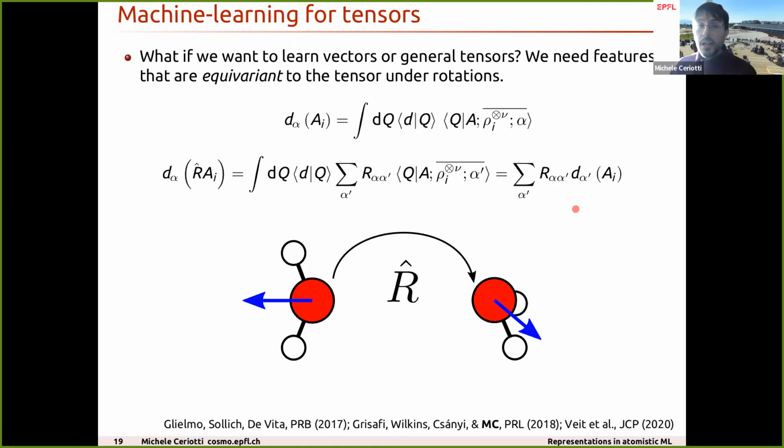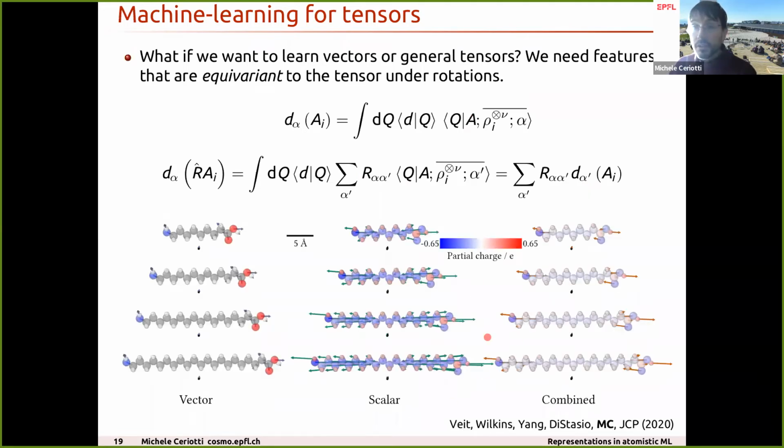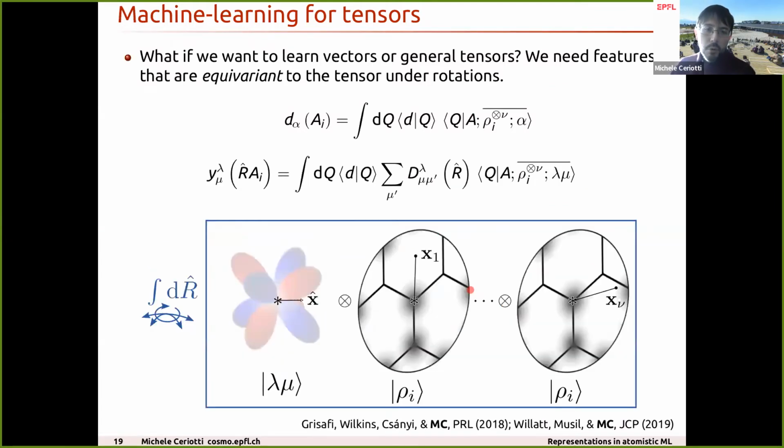And actually, you can use them, for instance, to build machine learning models for dipoles, so this very application. But more in general, if you want to do this for any tensorial property, you need to delve into SO3 group theory, and you need to build features that transform like spherical harmonics, basically.